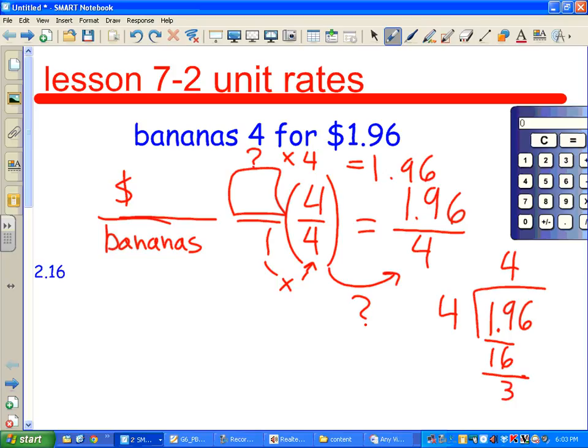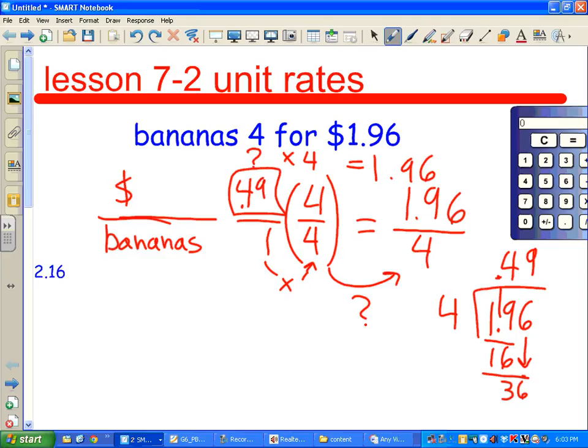Okay, I bring down that 6. So 36. 4 goes into 36 how many times? It goes into 36 9 times. So I get, move my decimal point up, 49 cents.